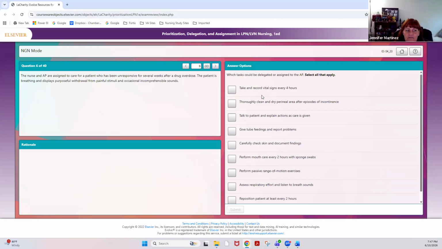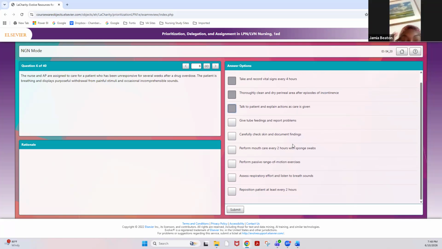Can they take and record vital signs every 4 hours? Yes. Can they thoroughly clean and dry the peri area after episodes of incontinence? Yes. Can they talk to the patient and explain actions as care is given? Yes. Can they give tube feedings and report problems? No.